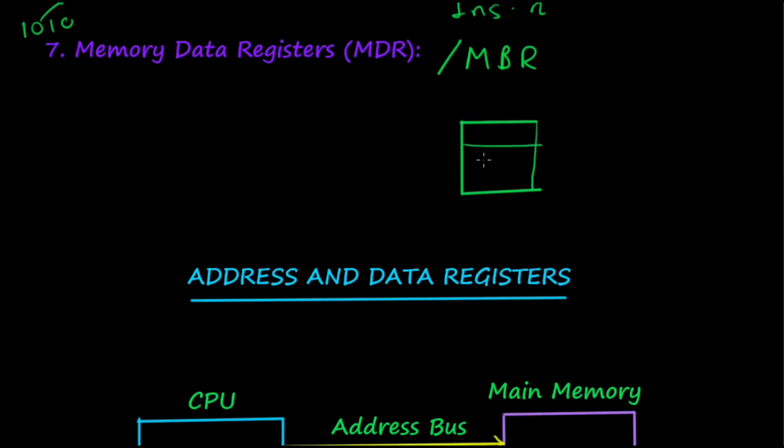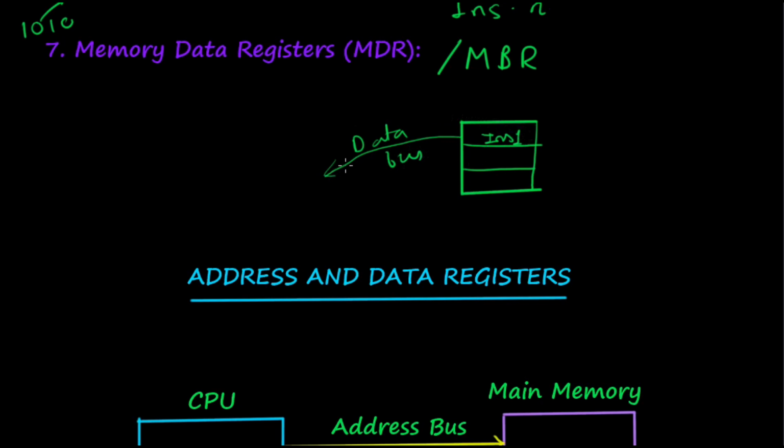Suppose you have fetched an instruction from main memory. Suppose instruction 1 you have fetched. So instruction 1 is coming through what bus? I told you, through the data bus. Yes. So instruction 1 will be coming from the data bus.